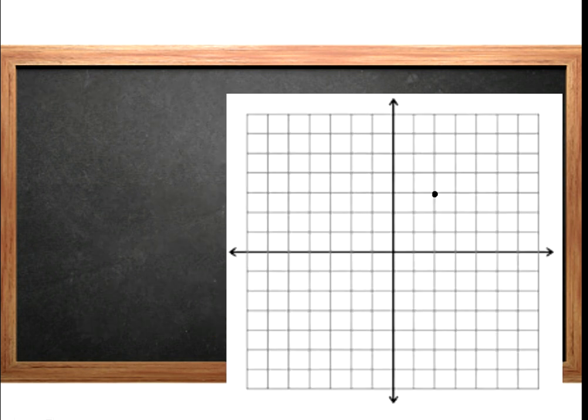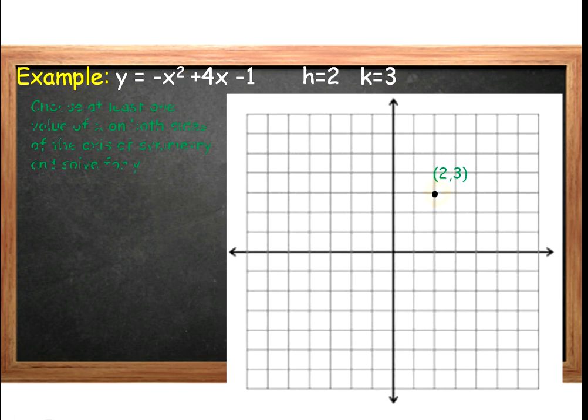Now to graph this, let's plot the point of the vertex (2, 3), and then we're going to select one value of x from both sides of the axis of symmetry. In that case, from the right we have x is equal to 3, and from the left x is equal to 1. Let's solve for the value of y.